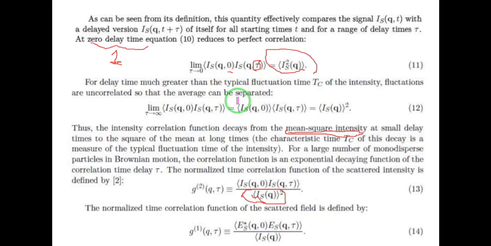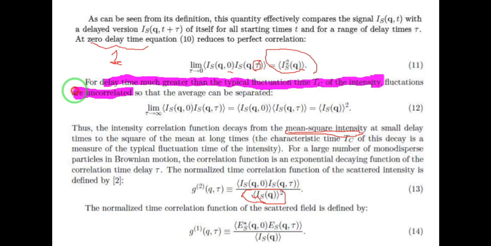For the time that the delay is much greater than the typical fluctuation time of the particle, and as a result the fluctuations of the intensity are uncorrelated. So it means that you cannot predict the value with the present data that you have. It means that you lose your memory.